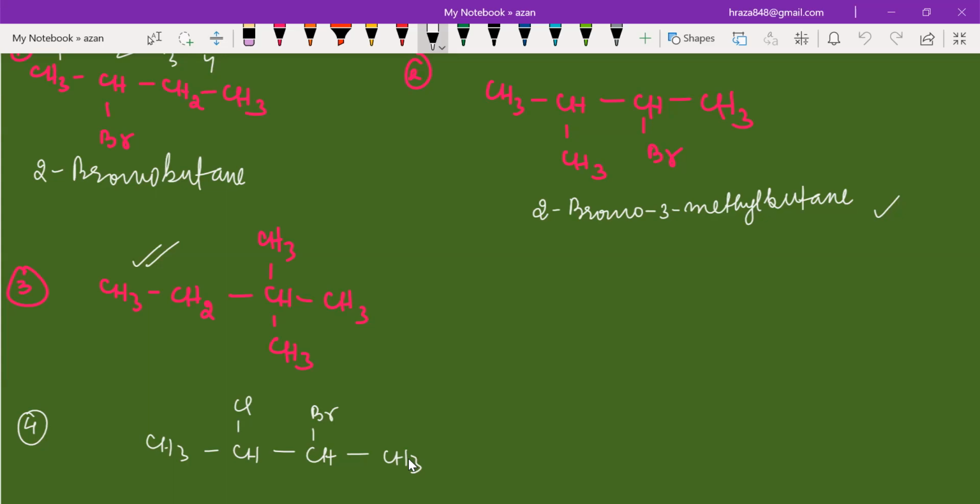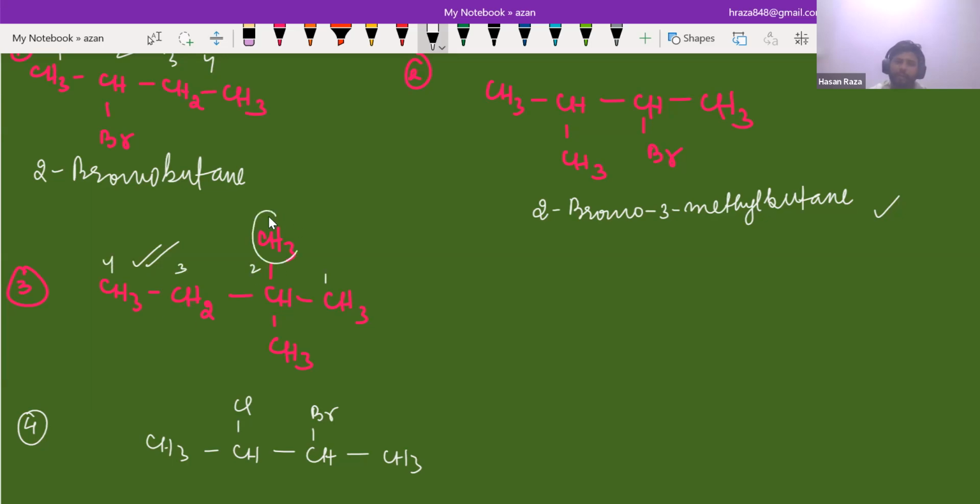Sir, will it be 2-methylbutane? No. At the place of 1, 2, 3, 4, you got it right, but there are two methyl, two branches. So 2,2-dimethyl and then butane.